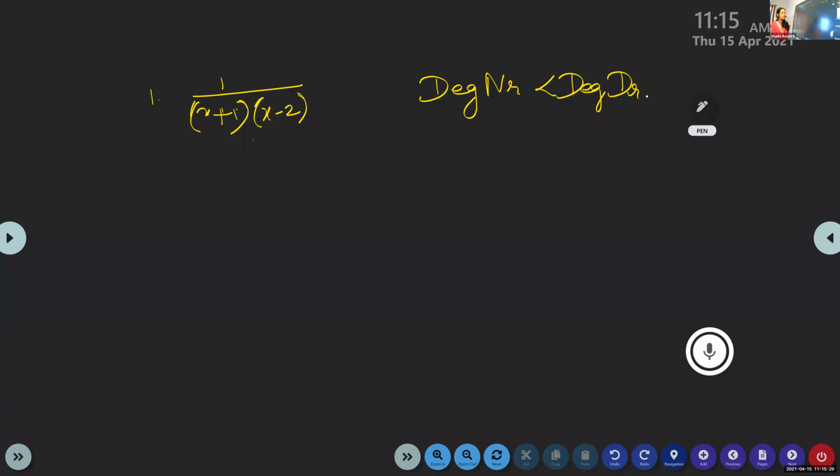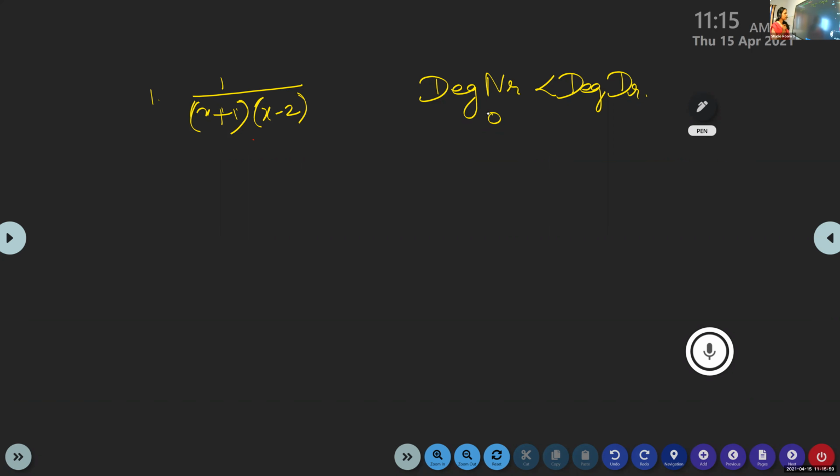What is the degree of the numerator, Aditya? 0. The degree of the numerator is 0, isn't it? Constant polynomial, so degree is 0. What about the degree of the denominator, Karthik? Is it 1? What is the degree? Check it.